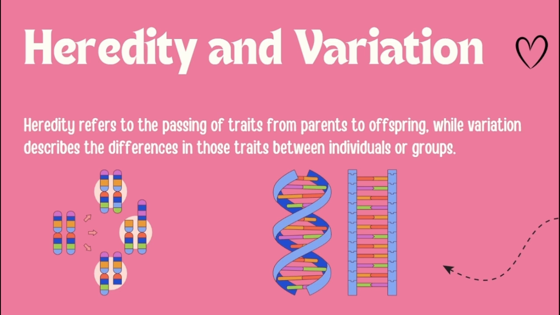One way to remember it: when you say the word variation, think different, think genetic diversity, because that's what variation is talking about. As we go along, we're going to learn the biological concepts that can explain these things a lot better.